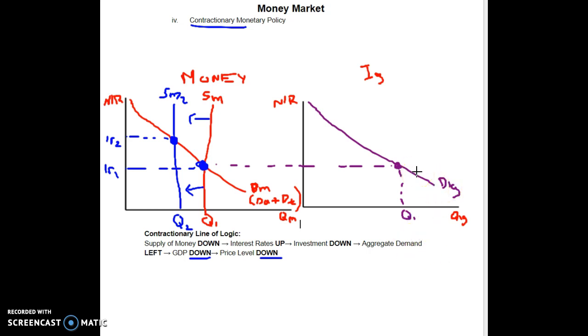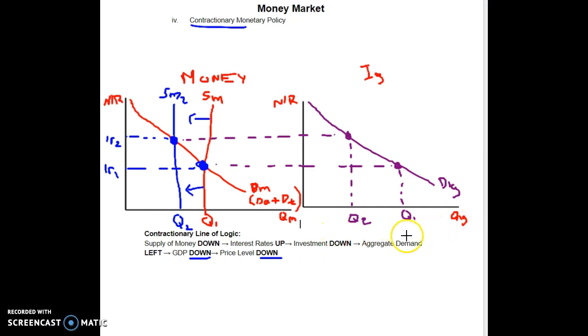And so when the interest rate is low, they're more likely to take out that loan and get a good return on their investment. However, when the interest rates went up due to a decrease in the supply of money, we see that our demand for investment has actually fallen. And this is because there are fewer profitable investments, because they're more expensive to buy, right? The loans that have to be used to buy those factories or those machines are pricey.